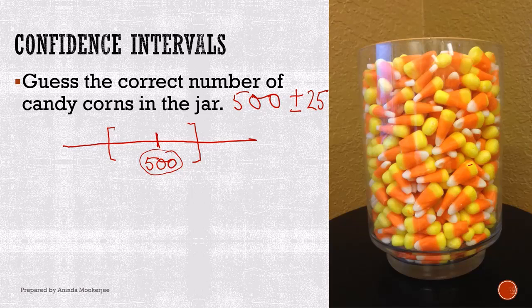So what does plus minus 25 mean? That means you can guess a number anywhere between 475 and 525 and still be considered correct, still be considered close enough to win the prize.